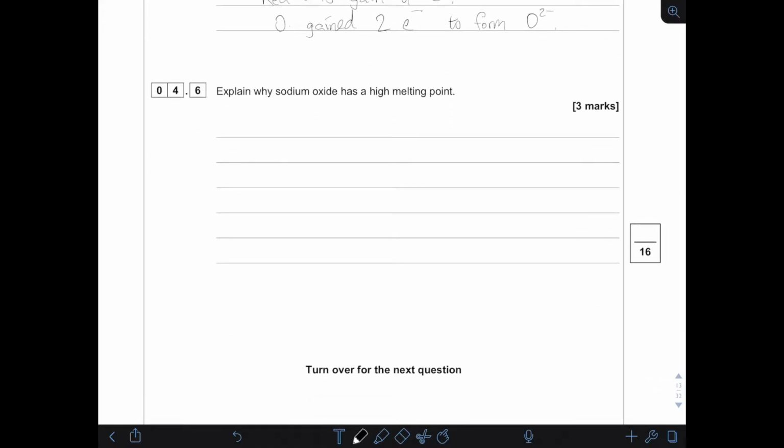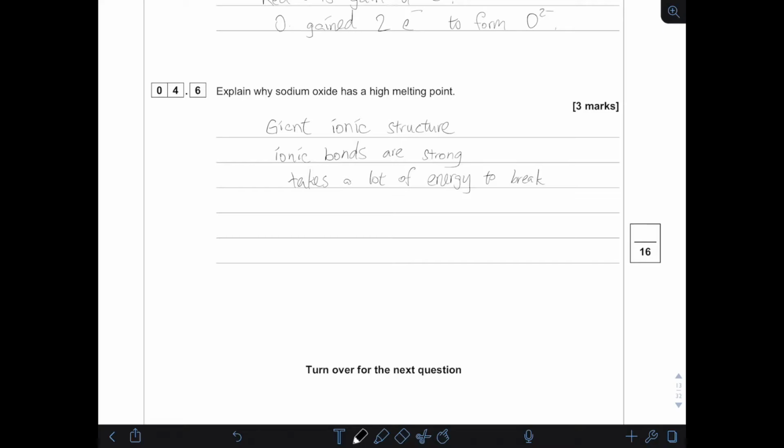Why did the sodium oxide have a high melting point? Now this is an ionic structure question, so it's more like the structure of compounds. So this is giant ionic, and the ionic bonds are strong and take a lot of energy to break.